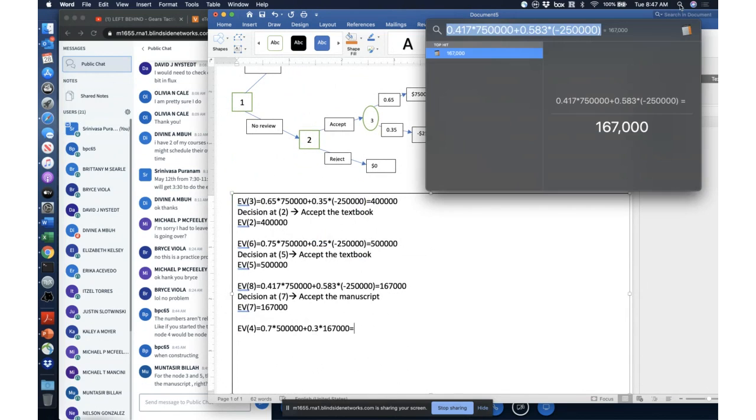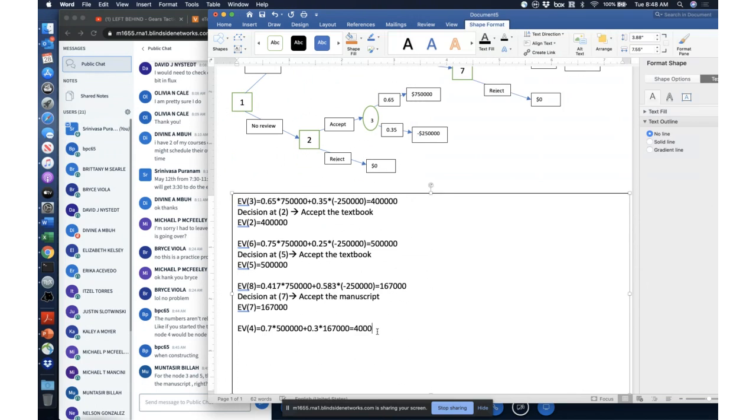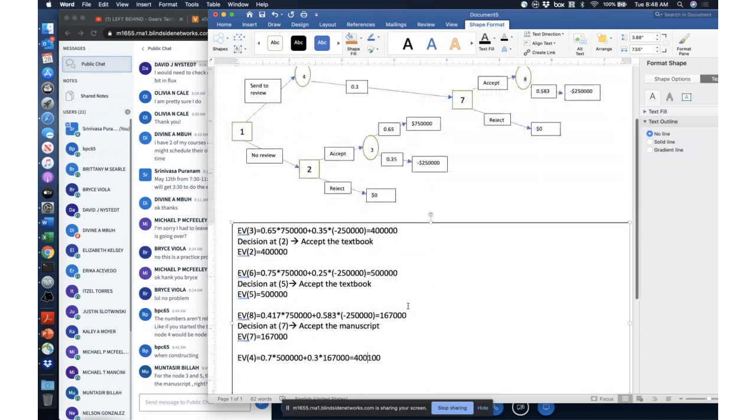So now it'll be 0.7 times 500 plus 0.3 times 167. This is $400,100. Yeah, that doesn't look right. Yeah, the 400,000. So that is the expected value here.